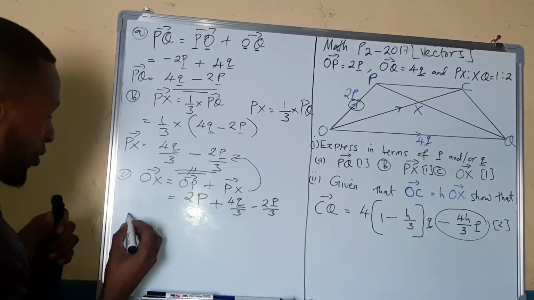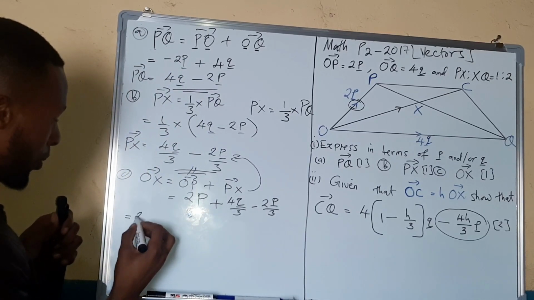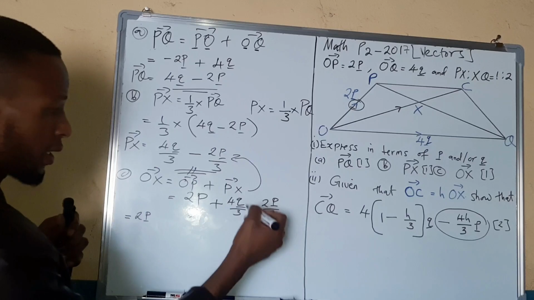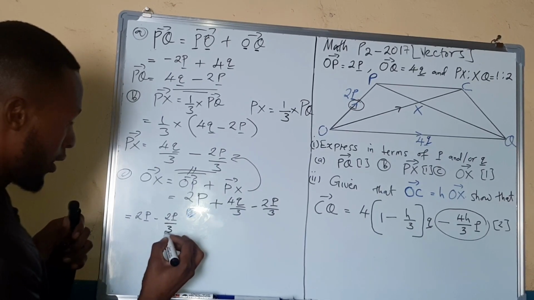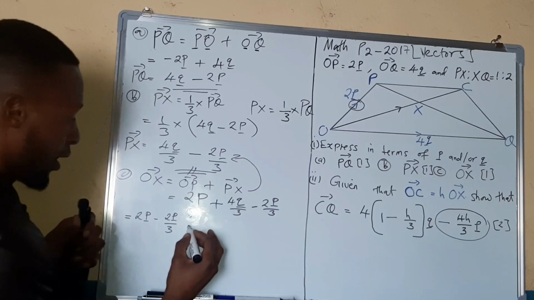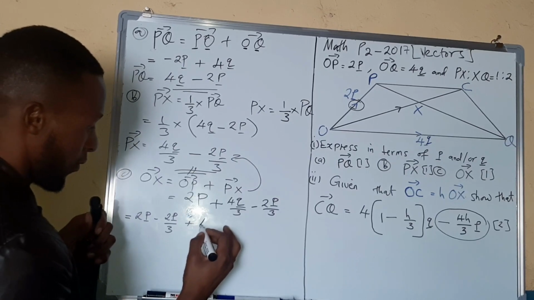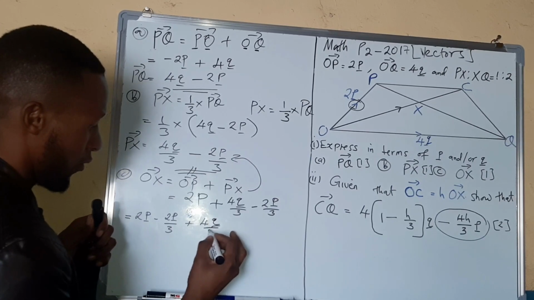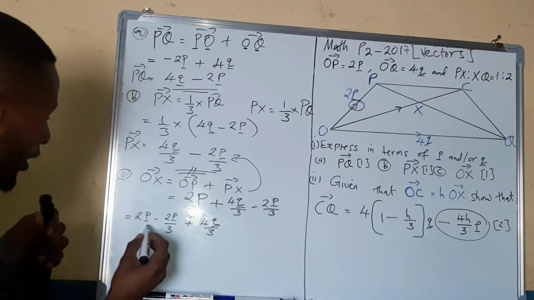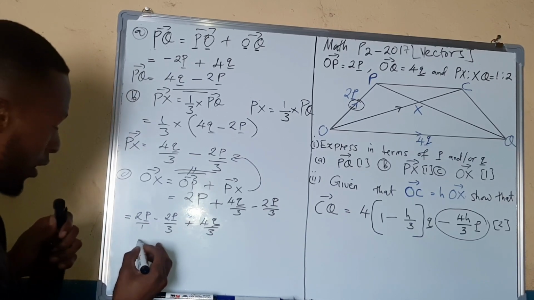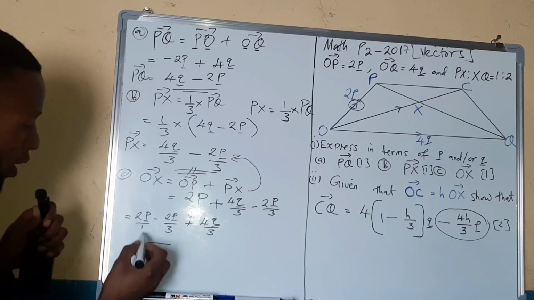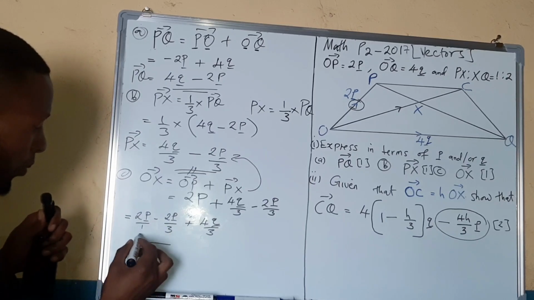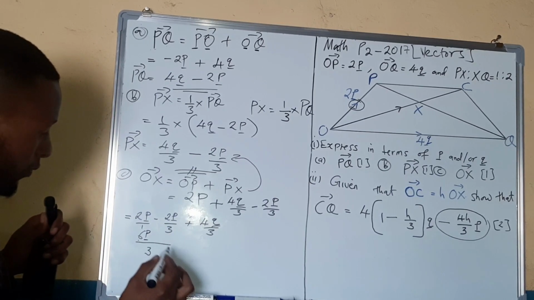Then we bring the like terms together. The 2P's like term is minus 2P over 3, then plus 4Q over 3. Using a common denominator of 3, 1 into 3 is 3, and 3 times 2P is 6P.